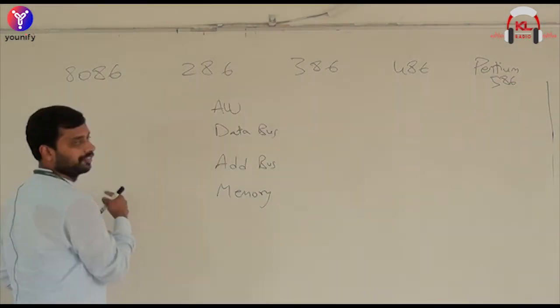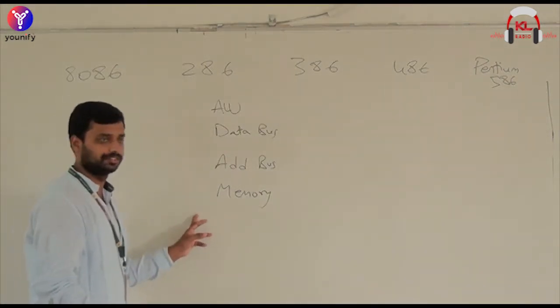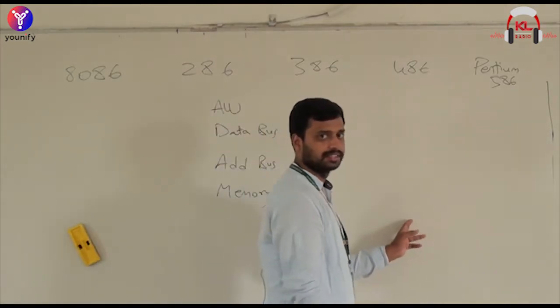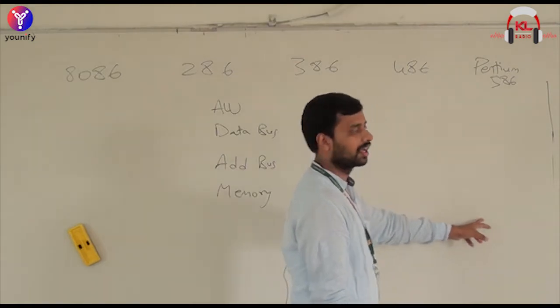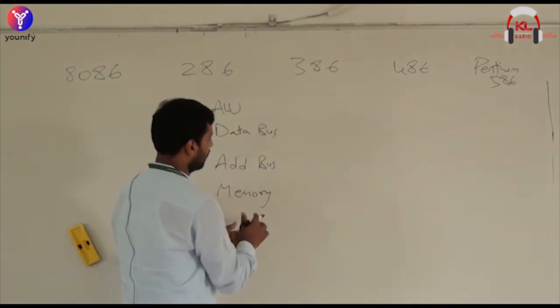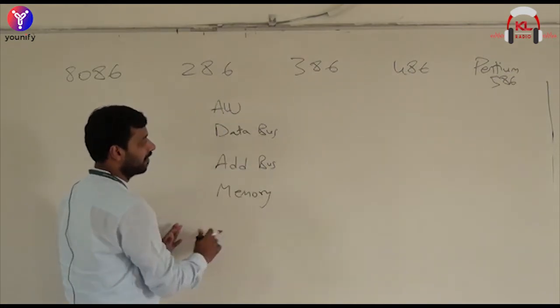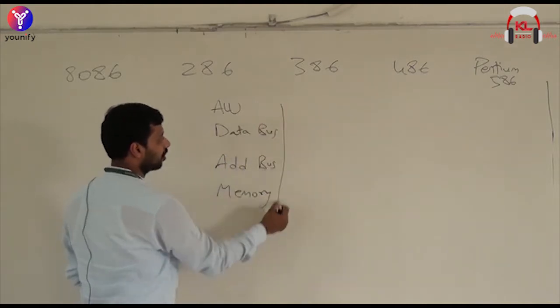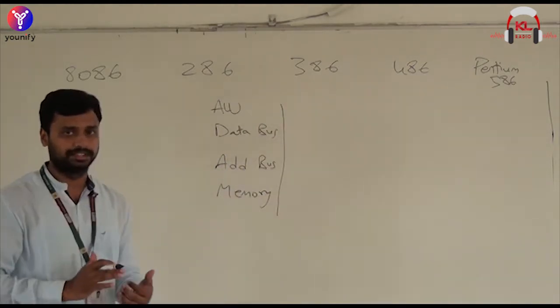In 8086 we have minimum and maximum mode, in 286 we have 2 modes, in 386 we have 3 modes, 486 has a cache, Pentium will have a cache. So each and everything has differences, and whenever you relate every processor, these are the common set of features that you have to mention.